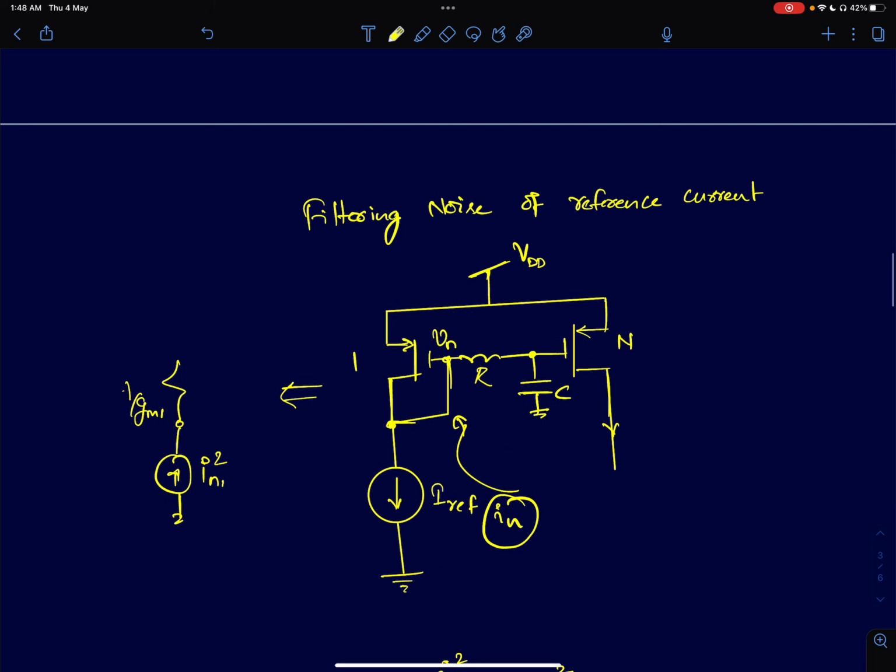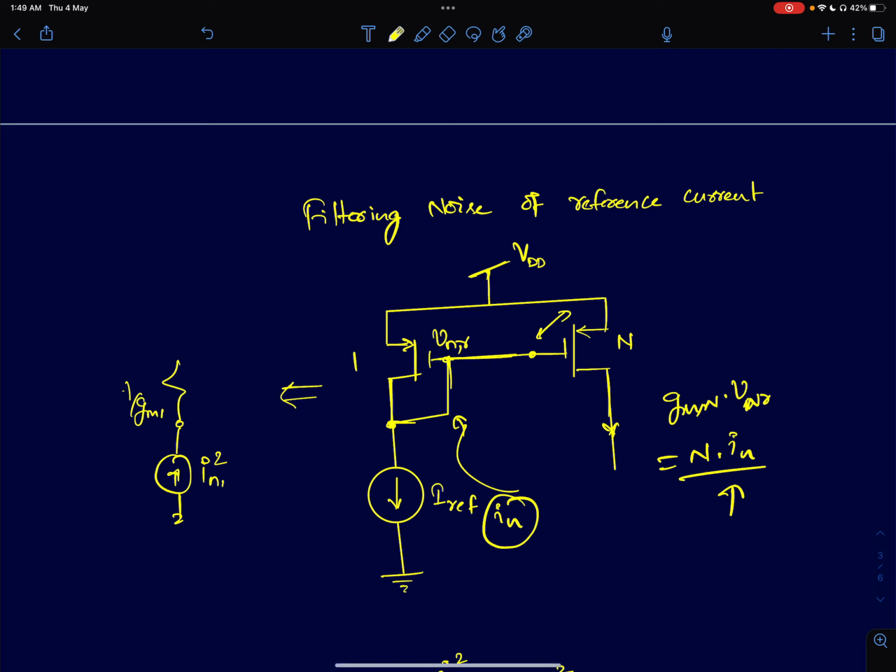Now, let's say there was no filter here. Let's call this VNR, the reference noise. The current at the output is simply given by GMN times VNR, and that can be shown to be simply N times IN.